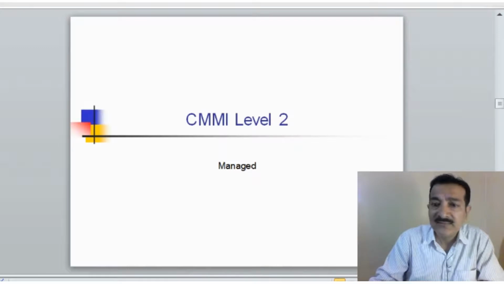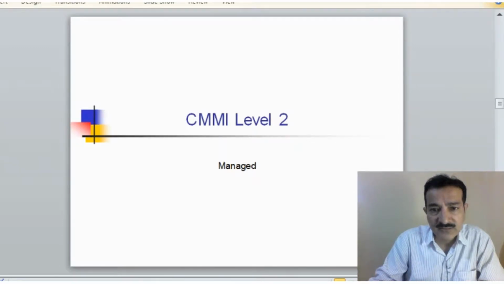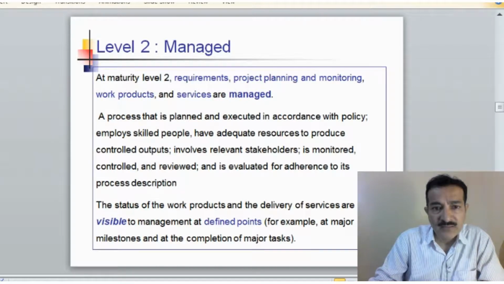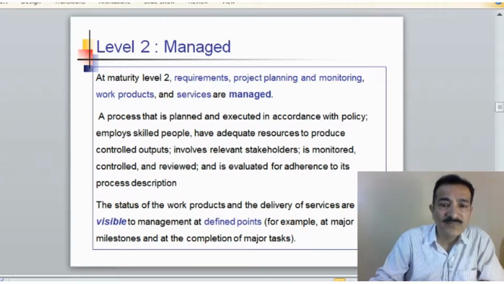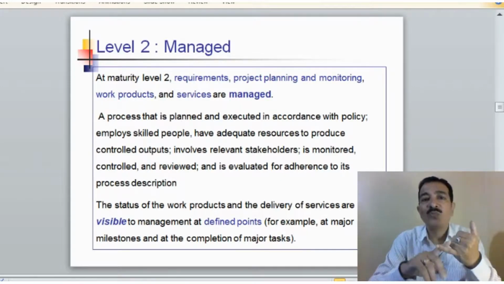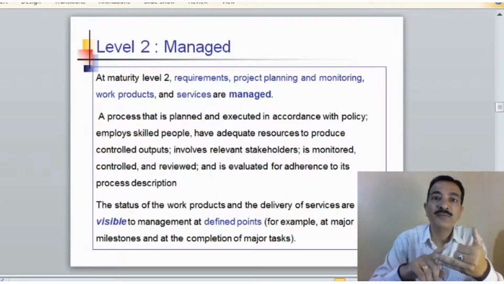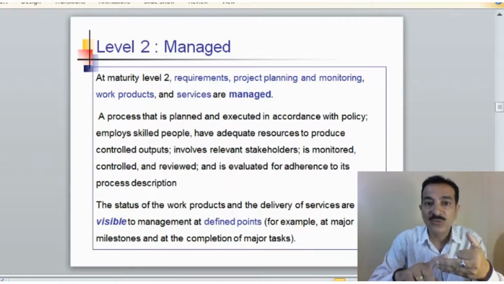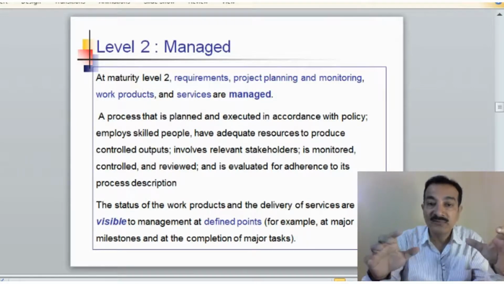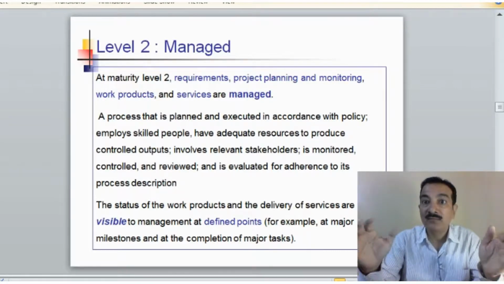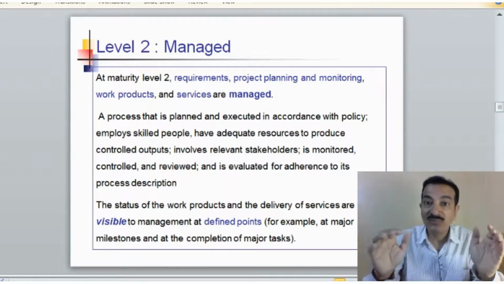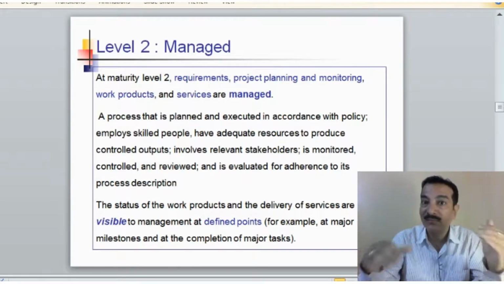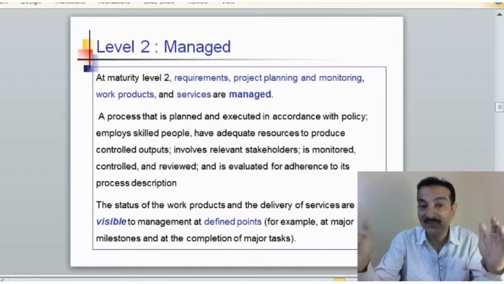As I said, CMMI level 2 is more about project management. At level 2, you manage the requirements, you do the project planning, you do the project monitoring, you ensure that the work products are managed, and you ensure the services, like supplier management and contract agreements, are managed.